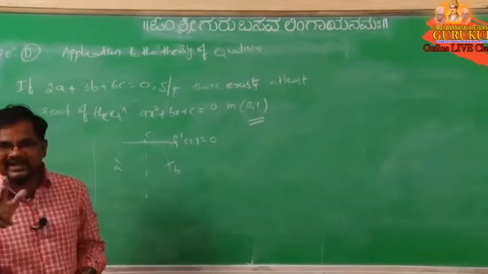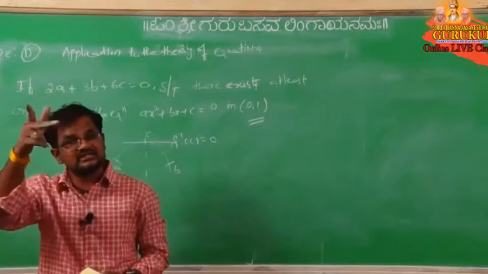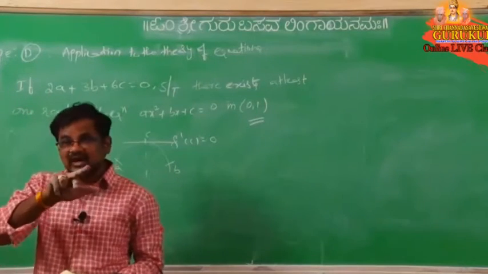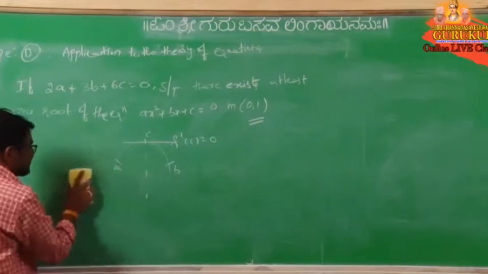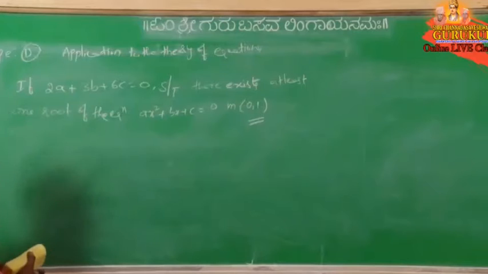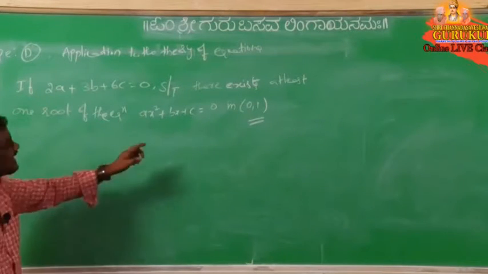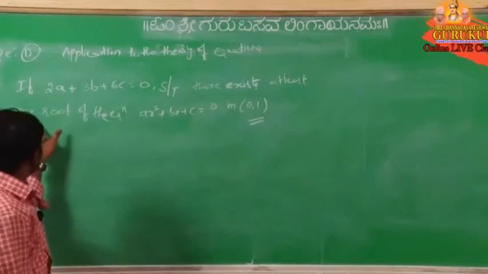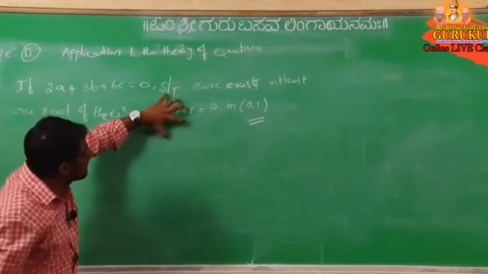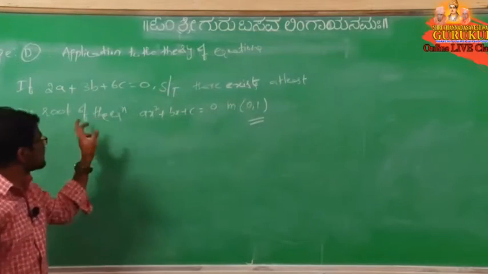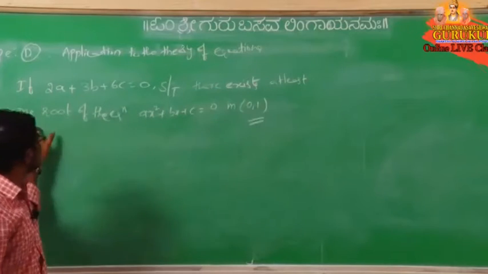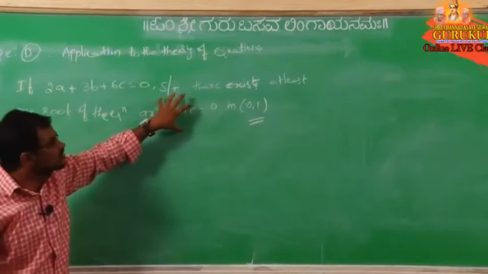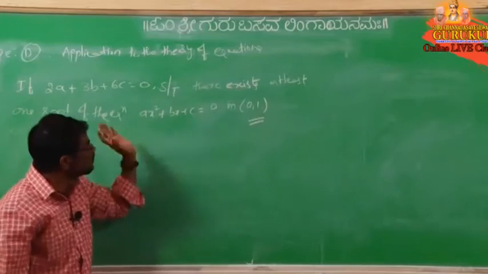And between any two roots of the equation f dash x equal to 0, there exists at least one root of the equation f double dash of x equal to 0, etc. Now once you read the question carefully, one condition given: 2a plus 3b plus 6c equal to 0. There exists at least one root of the equation. Means for this equation, at least one root existing.